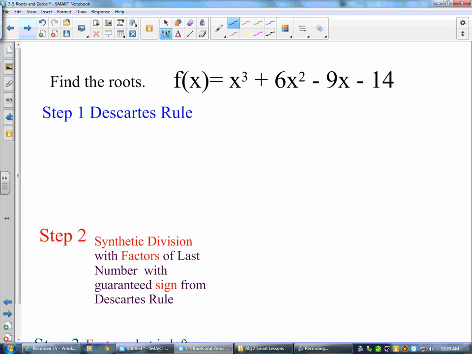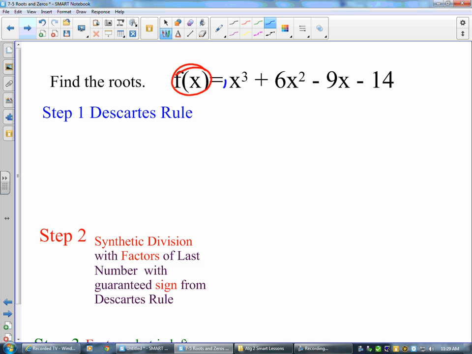So let's use this. If you're given this equation and they're asking to find the roots, remember roots mean the f of x, the whole thing equals 0. Try and solve it. So let's start by using Descartes' rule. Descartes' rule says find how many positive real answers.